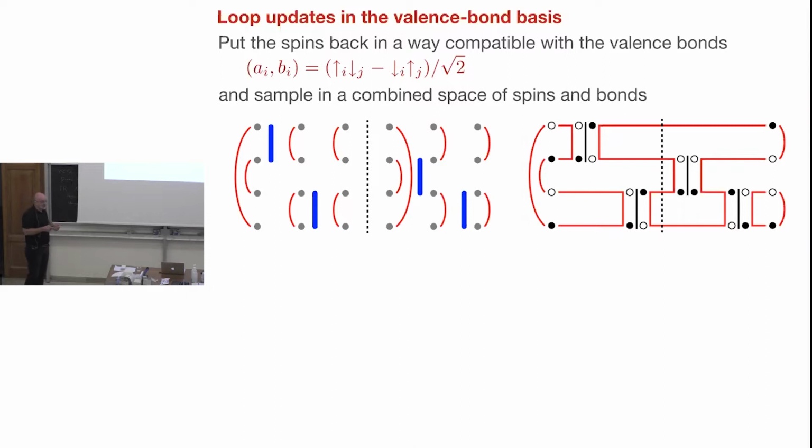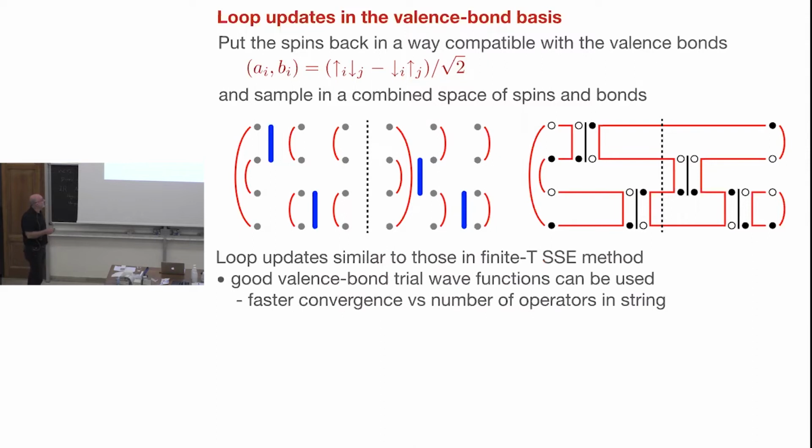So basically what you do is you sample in this way, in this basis, but then we can go back to that basis when we do our expectation values, because that actually turns out to be a very nice way to measure expectation values. It turns out when you overlap these valence bond configurations, you form some loops, and all the expectation values can be expressed in terms of those loops.